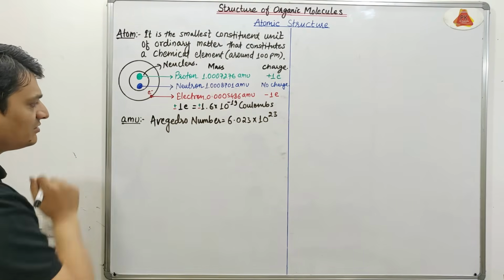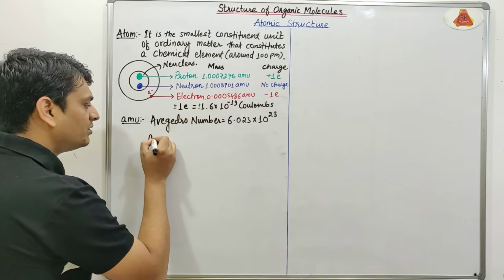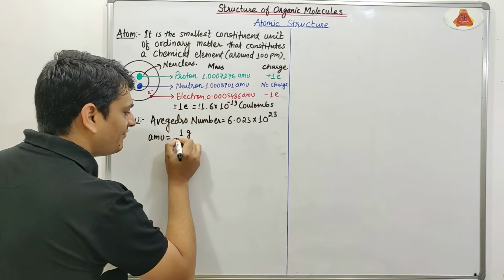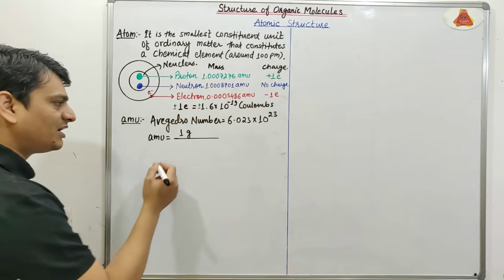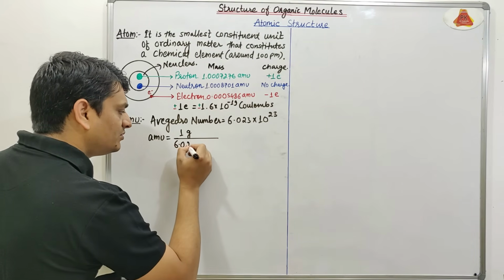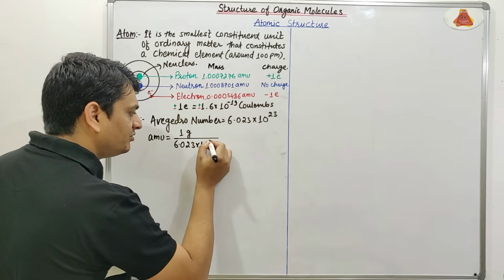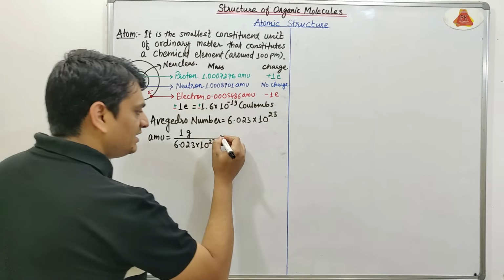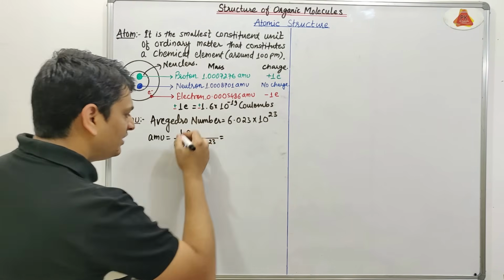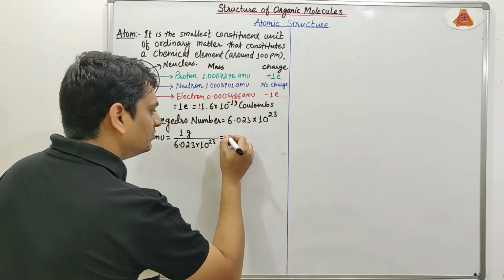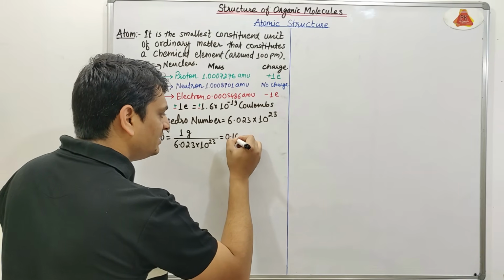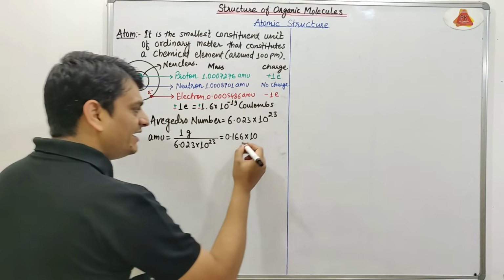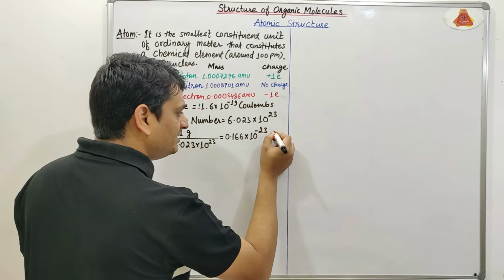Now coming to the details about this mu. So mu is equal to 1 gram divided by Avogadro number. So it will be 1 gram divided by 6.023 into 10 to the power 23. In the next step, when it is solved, 1 by 6.023 is equal to 0.166 into 10 to the power, this 23 will go upside and it will be -23 gram.